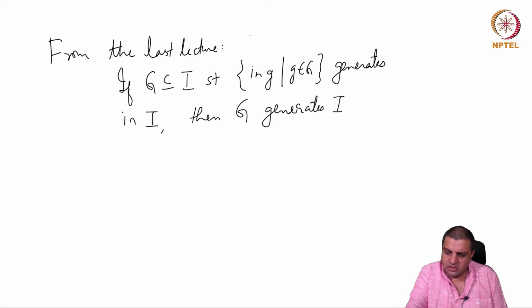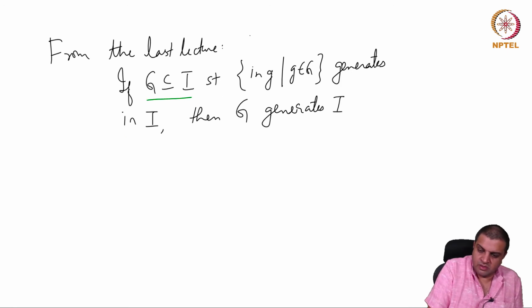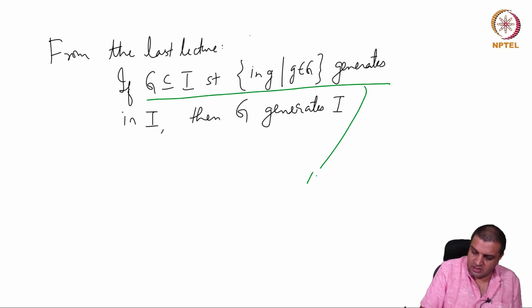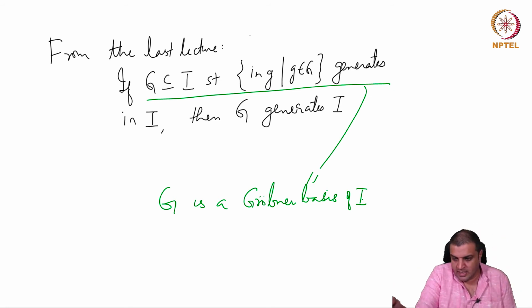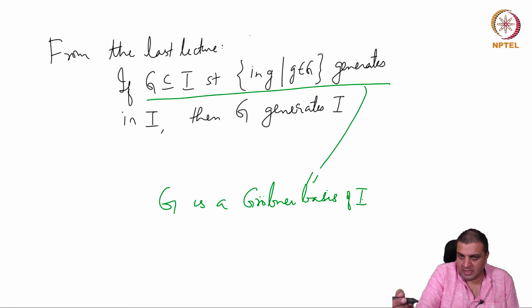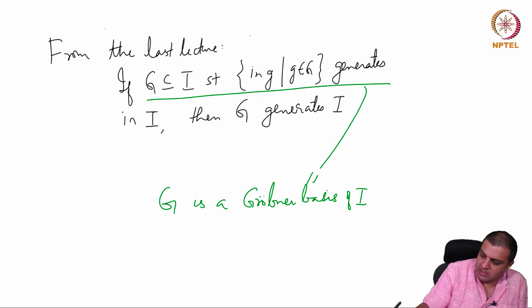So what is this? This is just saying G is a Gröbner basis, right? So this statement is just in the language that we have introduced today. So it just says G is a Gröbner basis of I. Okay, so any Gröbner basis of I is already a generating set for I, but it has the following useful property called ideal membership test. So let's learn that now.